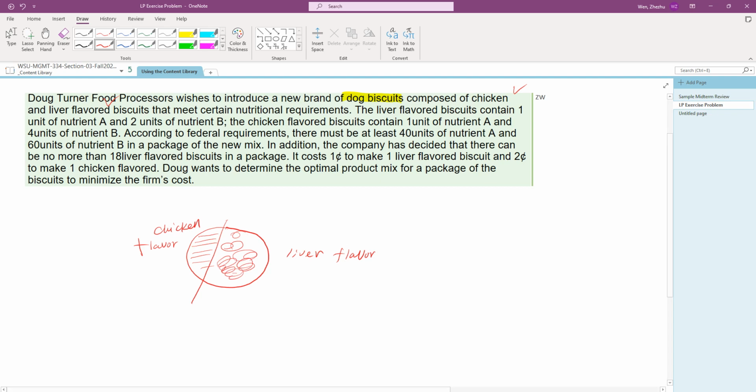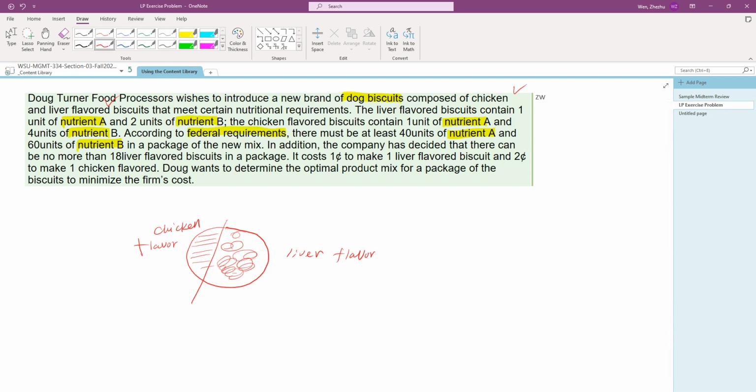They both have the same nutrient composition, nutrient A and nutrient B. The liver flavor also has nutrient A and nutrient B, but in a different quantity. It also looks like there are some government federal requirements that we need to consider.